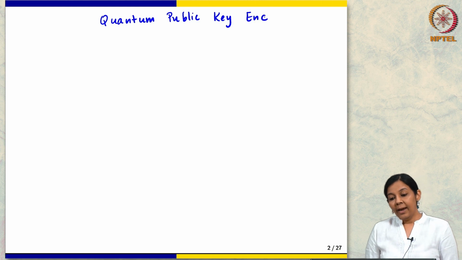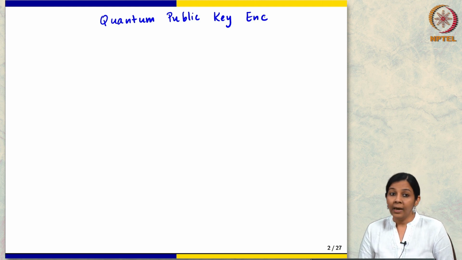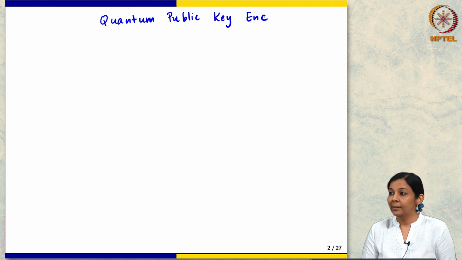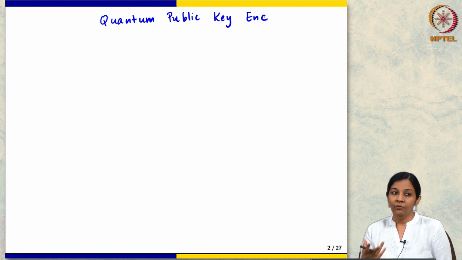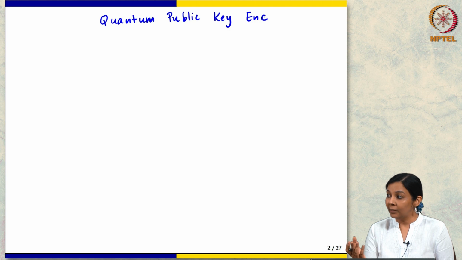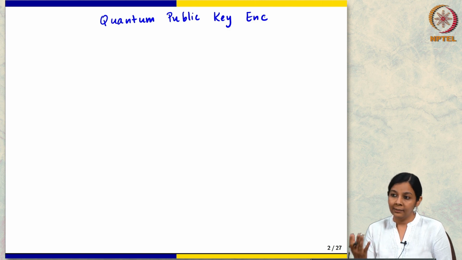Okay. And last time we ended the discussion with this question, right, that if I want to encrypt an arbitrary mixed state, then how should I proceed? So far we have seen how to do a quantum one time pad, right, and we showed that this was perfectly secure. Okay.